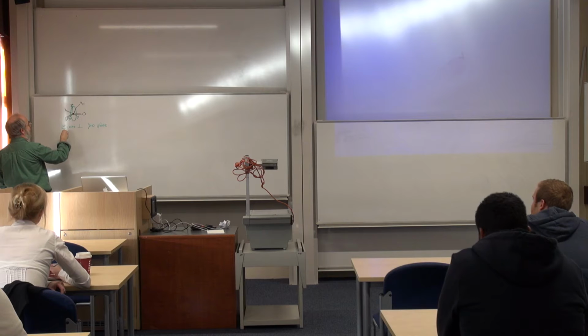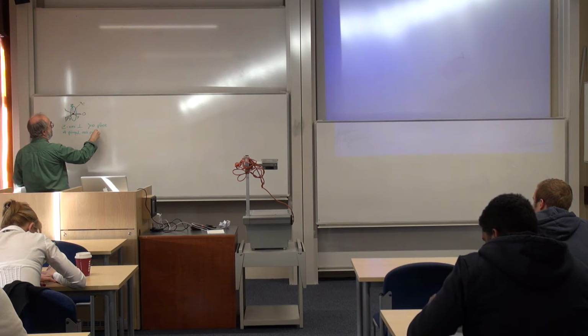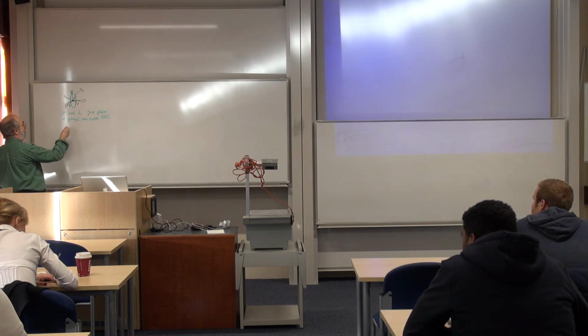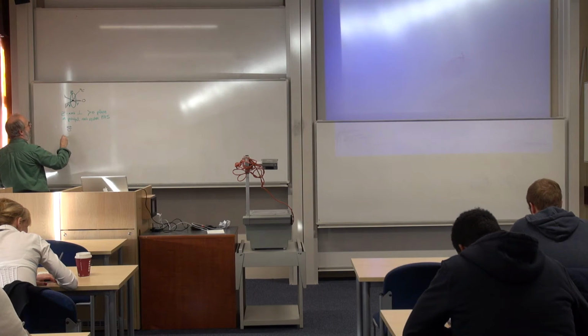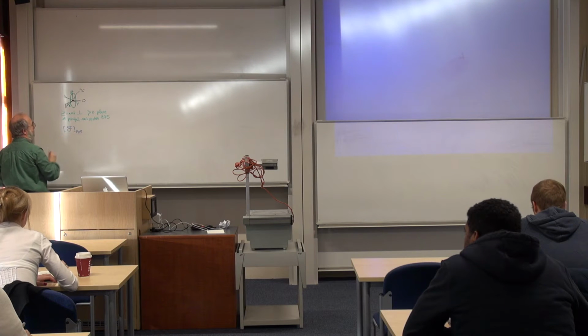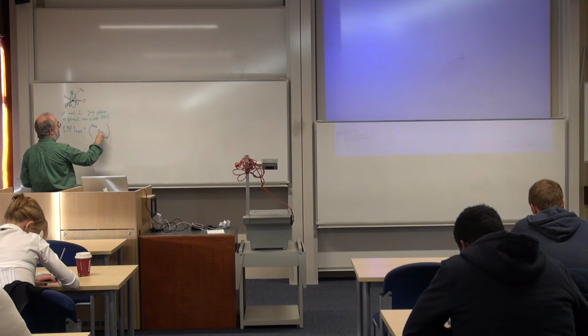So this is the principal axis system. Okay. So what that means is that if we write the shielding tensor in the principal axis system, then it's a matrix with three components, xx, yy, zz.